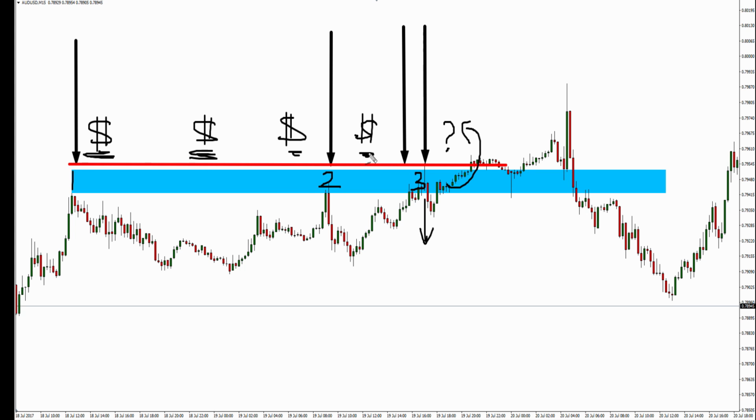Now the other side to this as well is that you do start to get an accumulation of orders building, and it's a function of people being greedy essentially, because someone will often say to me, well, if I sold here at 2, then why am I stopped still here at 3?